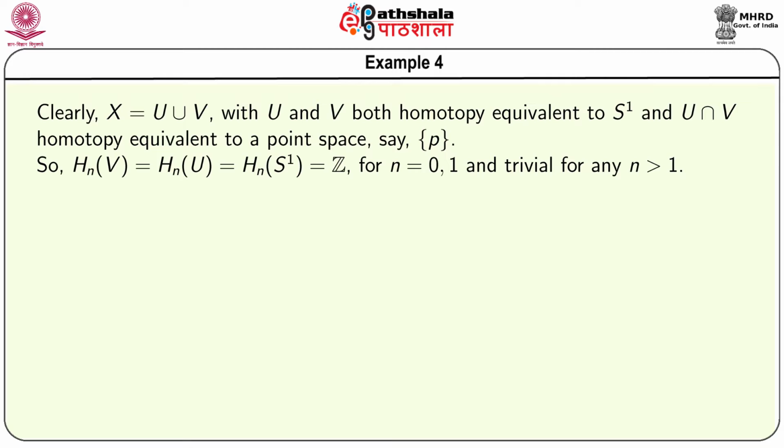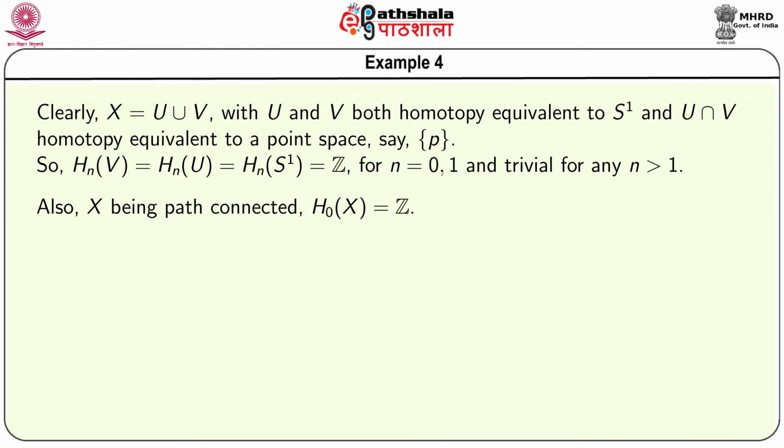So, Hn(V) and Hn(U) both are equal to Hn(S^1), and therefore, it is Z for n equal to 0 and 1, and in any other case, that is n greater than 1, it should be trivial.